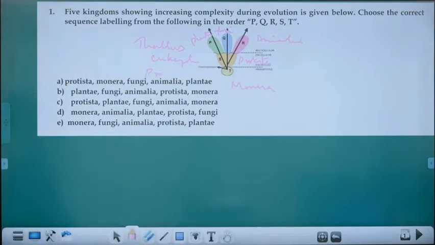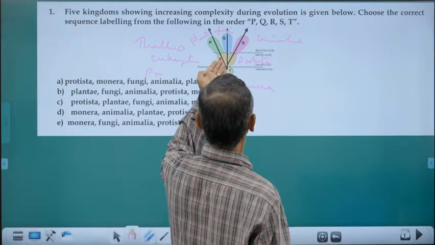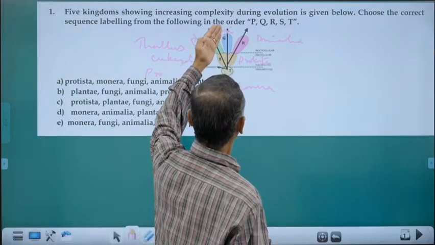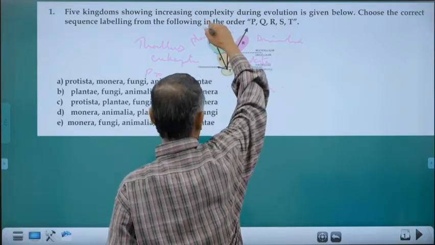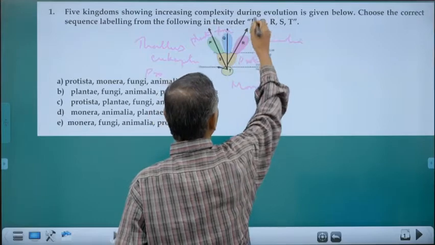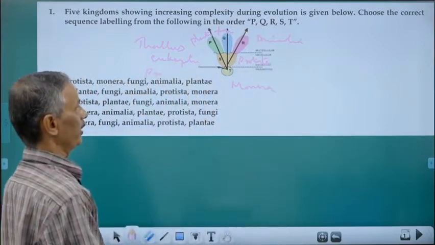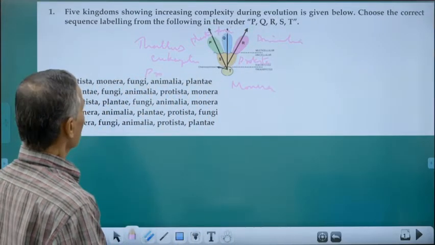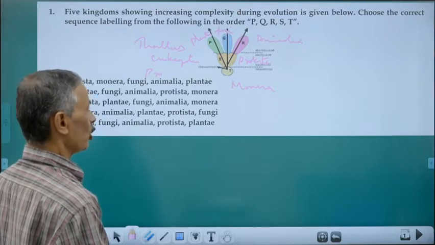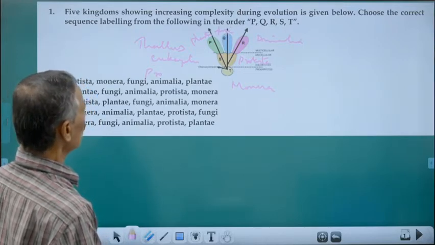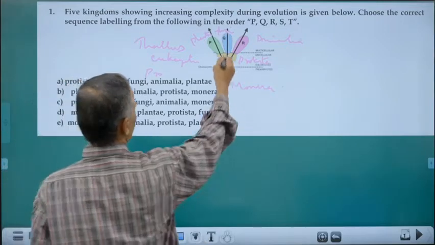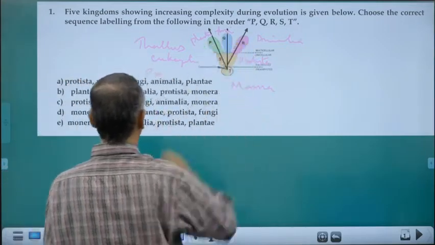These are the five kingdoms. So from P, Q, R, S, T, what should be the answer? Plantae, fungi, Animalia. See, Plantae evolved very early and animals evolved very late from the unicellular eukaryotic common ancestor. That is the phylogenetic relationship which is shown here also.